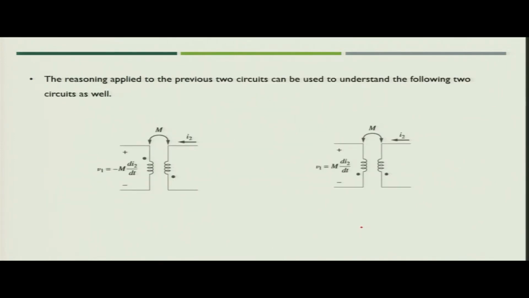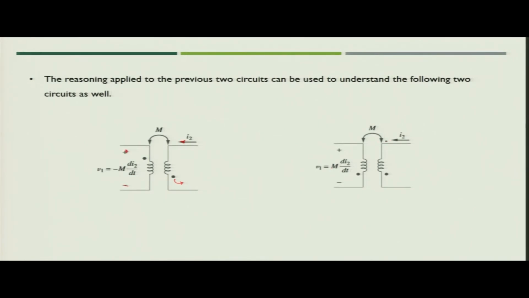Now, similarly, in this case, the current I2 is flowing in the second coil, which means I2 is leaving the dot. If it is leaving the dot, the mutual induced voltage will be negative at the downward terminal and positive at the dotted terminal.